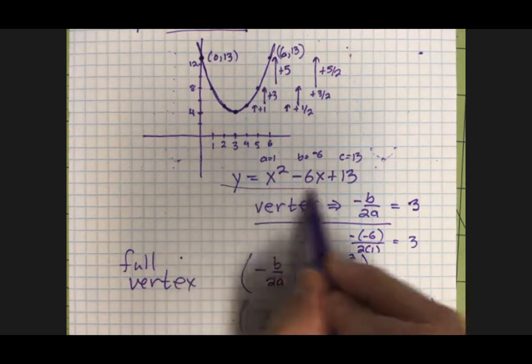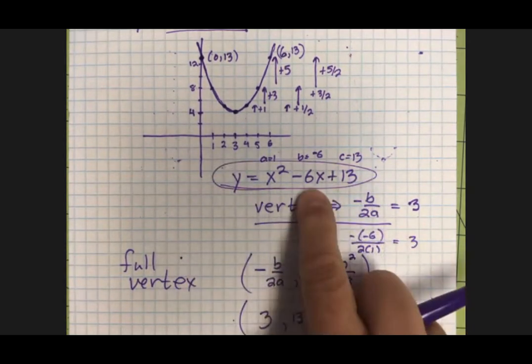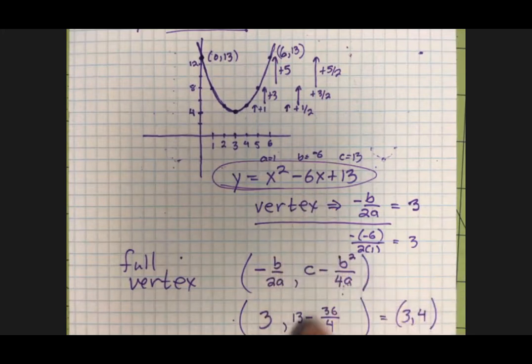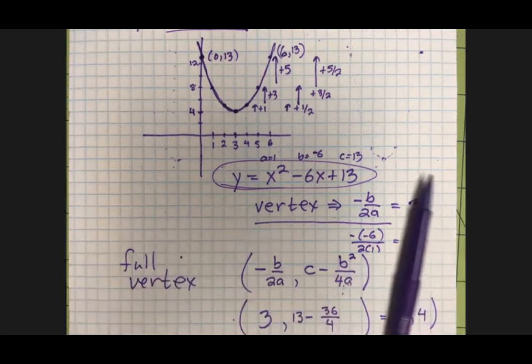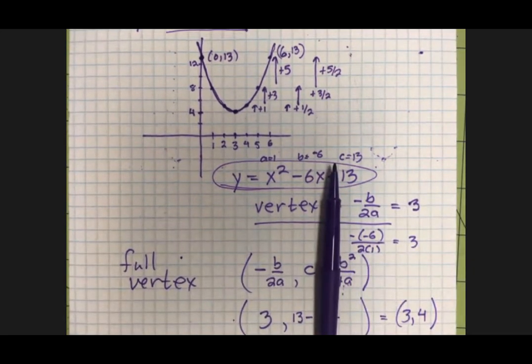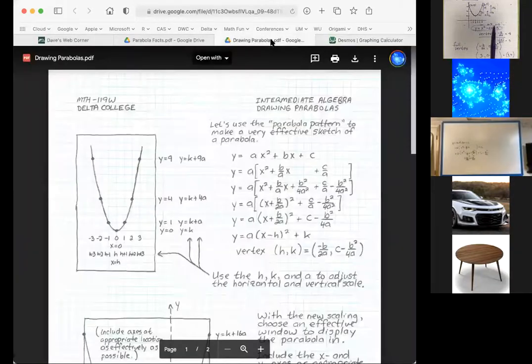So even if someone gives me a parabola like this, I can name the vertex if I remember this formula for the vertex. And that formula for the vertex is what I placed on this handout. And that's why I showed you that handout at the beginning.